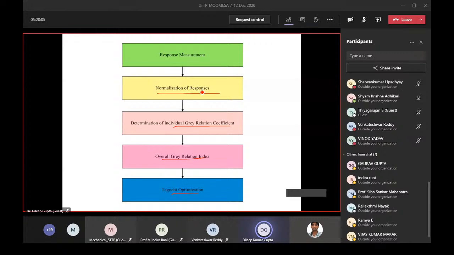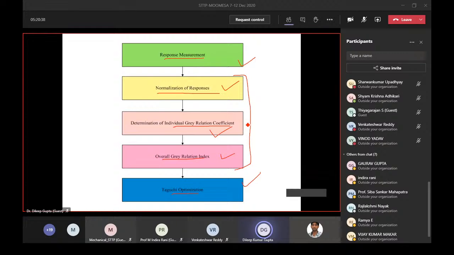Now you can see we are in a position to connect the first lecture to date. What we have studied so far is this part, and these two parts were already discussed in the previous lecture yesterday. Now we are trying to connect a complete cycle, with response measurement based on the design of experiment. Then this response will be normalized using any MADM technique. If you are going for gray relation, then the gray relation coefficient has to be found, then the overall coefficient.